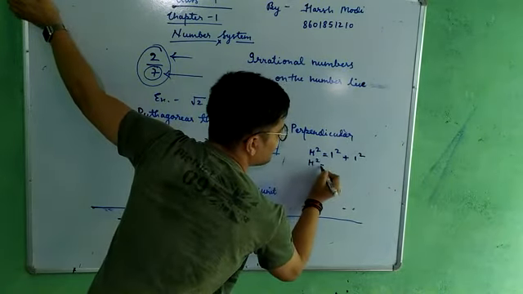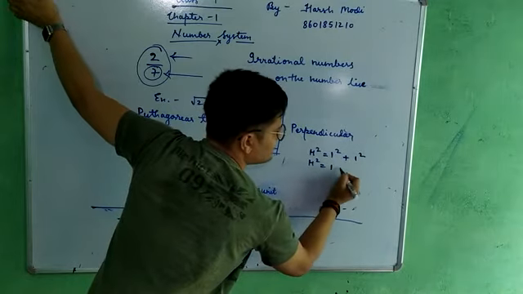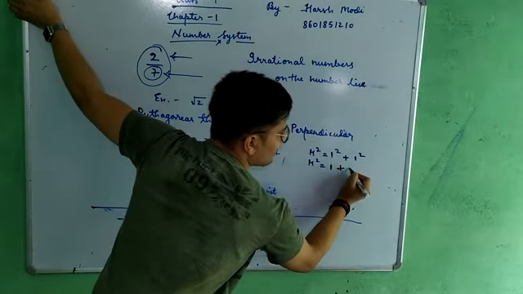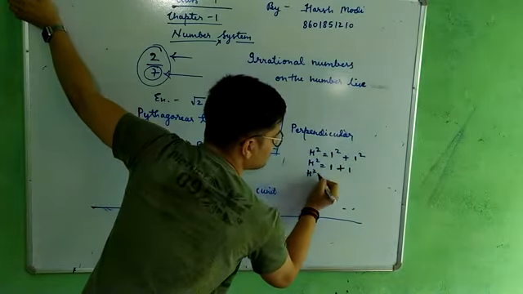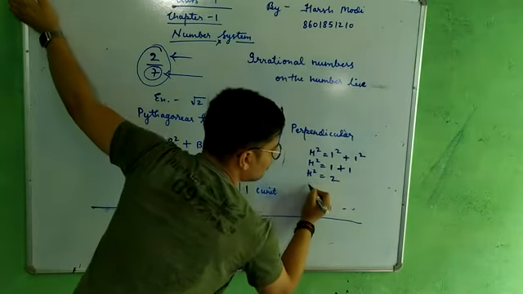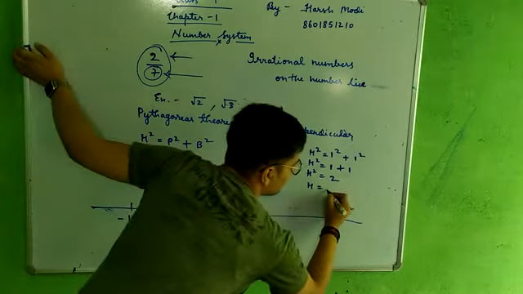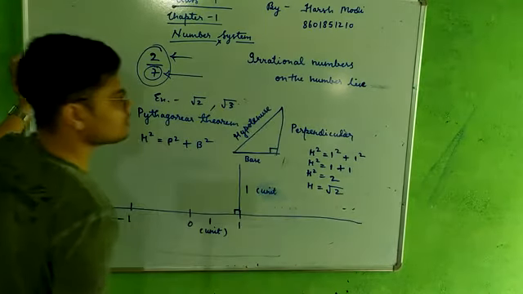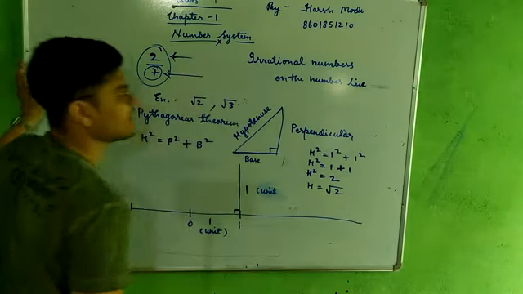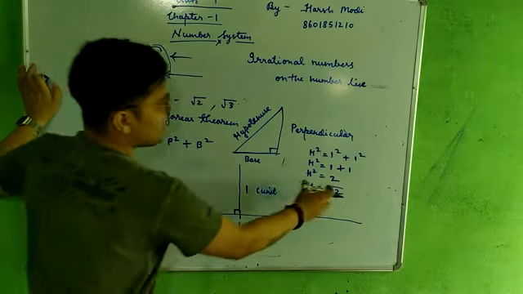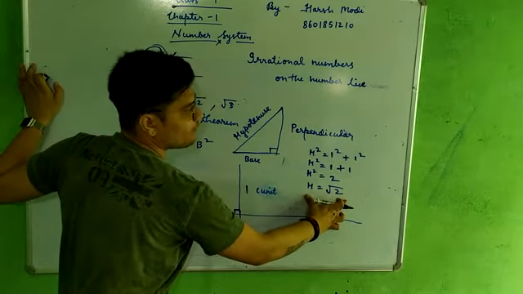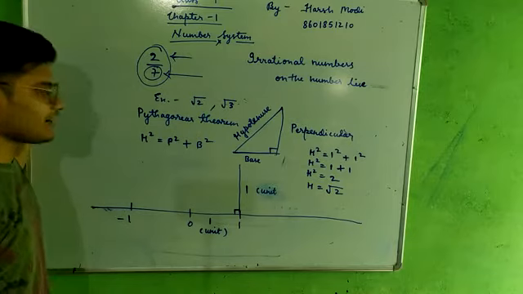So h square is equal to 1 square, answer is 1, plus another 1 square, answer is 1. So h square is equal to 1 plus 1, which is 2. H is equal to the square root of 2. So under root 2 is our answer as hypotenuse.